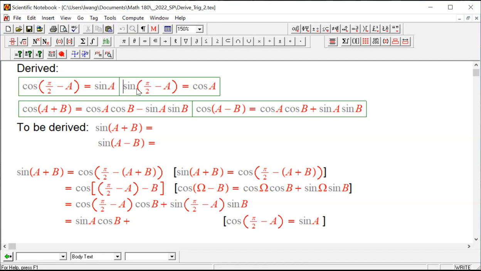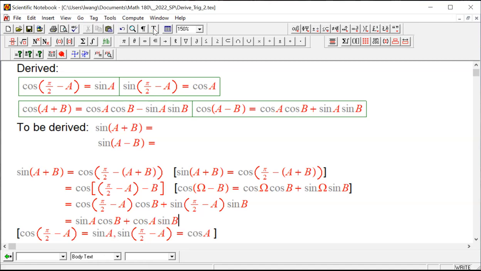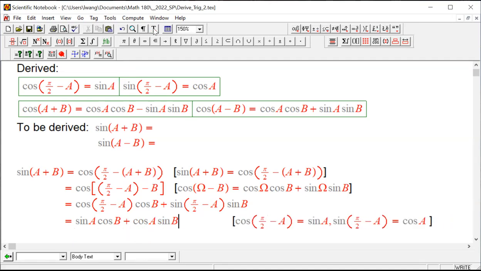Sine of pi over 2 minus a equals cosine a. We apply these two identities, so we got cosine a sine b.